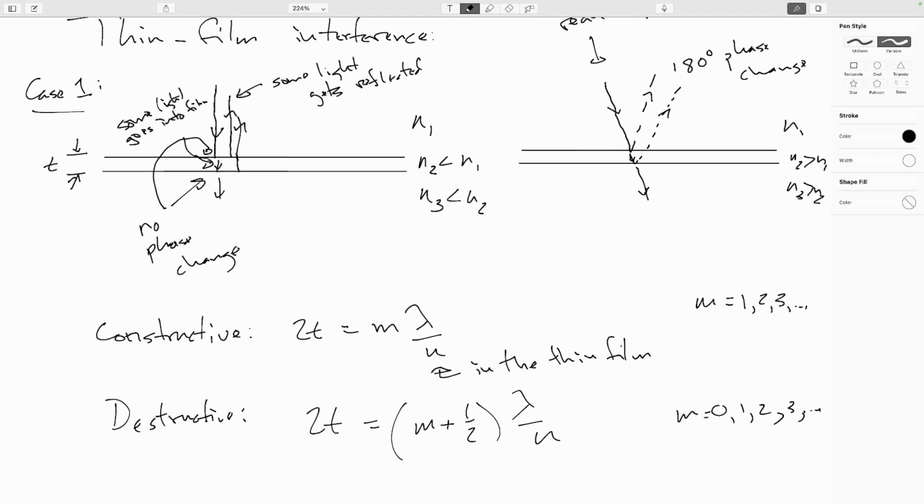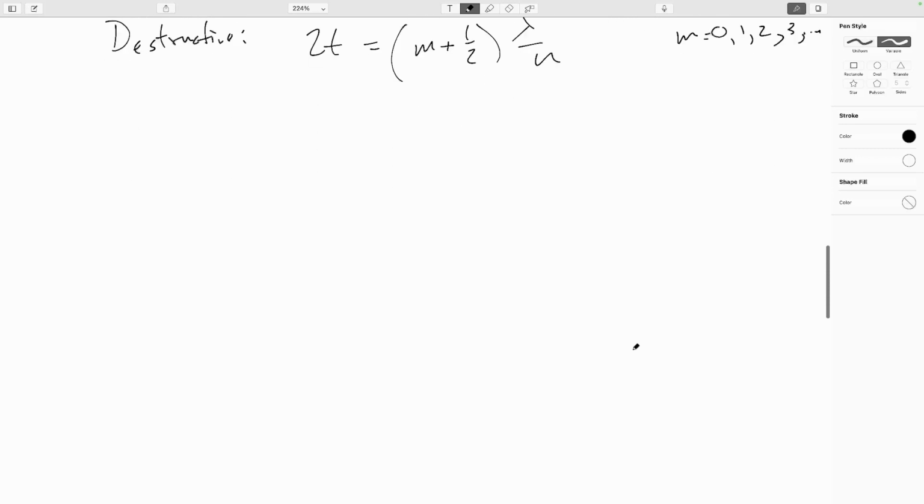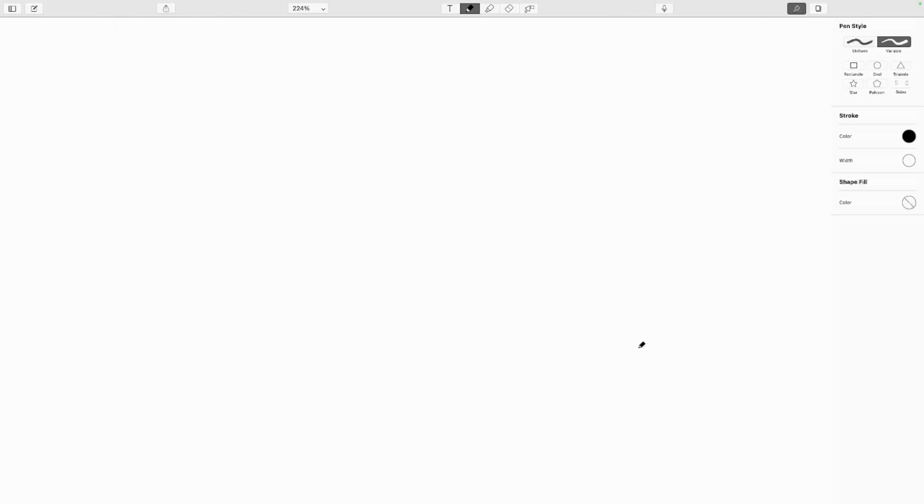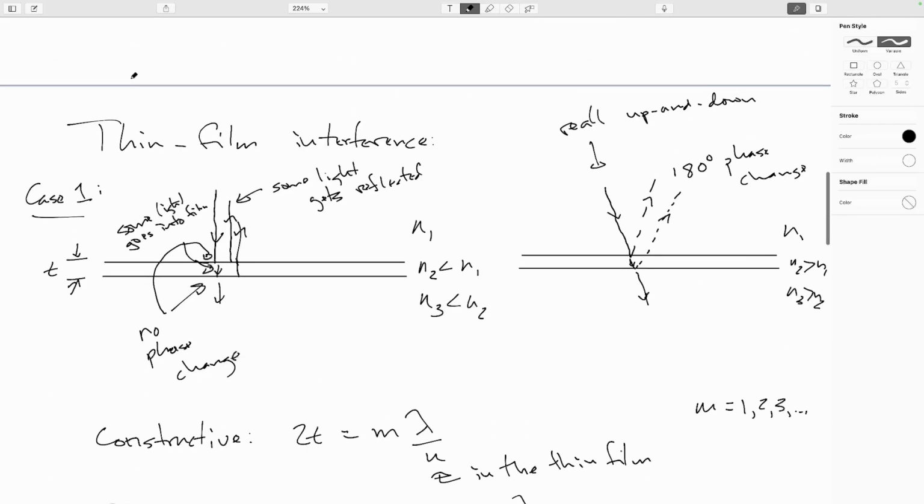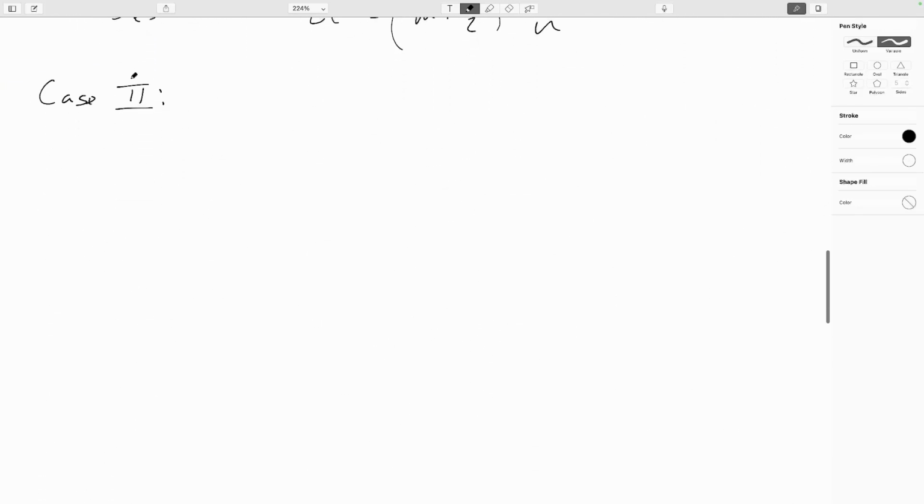Now, there is a different scenario. This is why I called it case 2. Case 1 and case 2 are my names for this. Other people call them something different. But anyway, this is case 2 here.